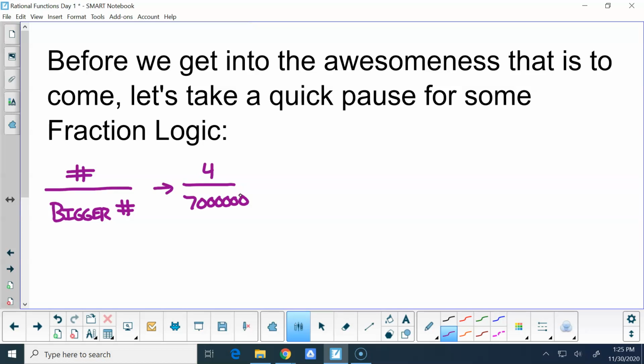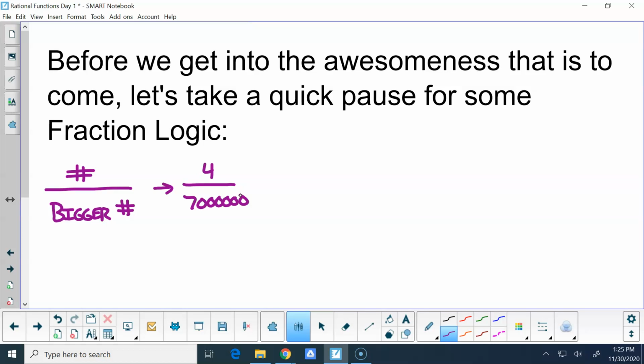Four divided by 7 is like 0.6. 4 divided by 70 is like 0.06. 4 divided by 700 is like 0.006. 4 divided by 7,000 is 0.0006. What do I got here? 7 million. 4 divided by 7 million is 0.000006.